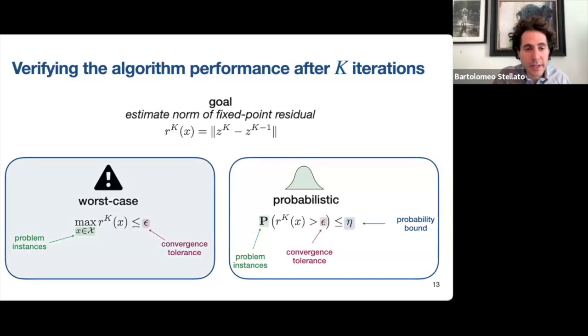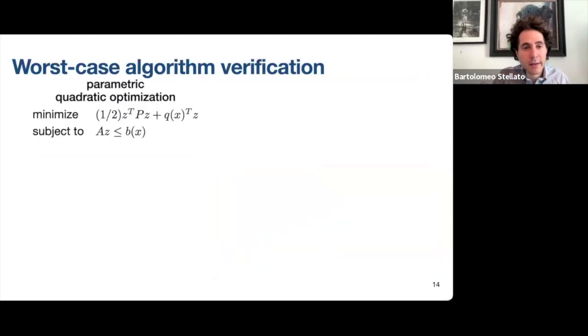The worst case approach can be formulated if we can add more structure to the problem. In the work that we did, we looked at a parametric quadratic optimization problem just to add more structure and understand what happens in this case. These are problems where you have a convex objective function, and the parameters enter in the linear part of the objective or the right-hand side of the constraints. We can represent also a linear problem if we set P equal to 0.